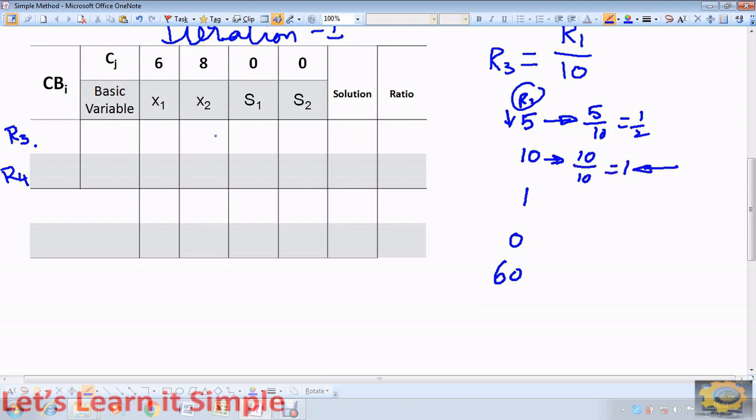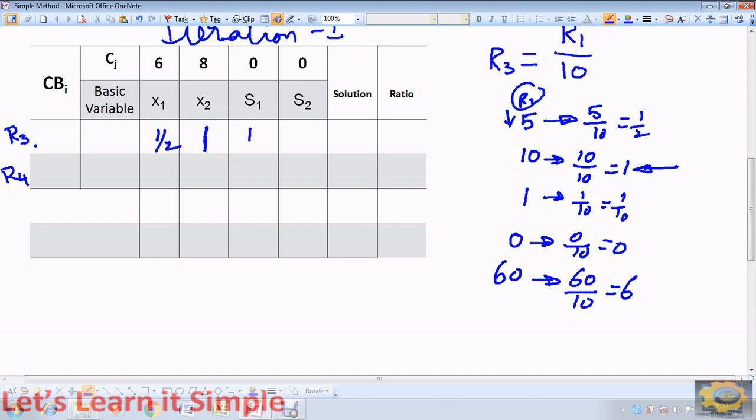The key pivot element is made as 1 here. Now 1 by 10 is equal to 1 by 10, 0 by 10 is equal to 0, and 60 by 10 is equal to 6. Now we need to fill the values here. So this will be 1 by 2, this is 1, this is 1 by 10, this is 0, and this is 6.